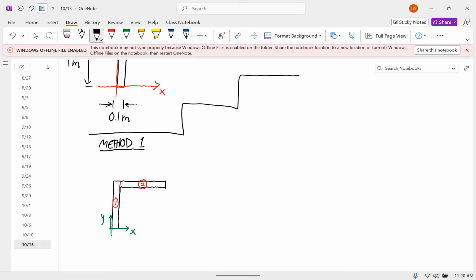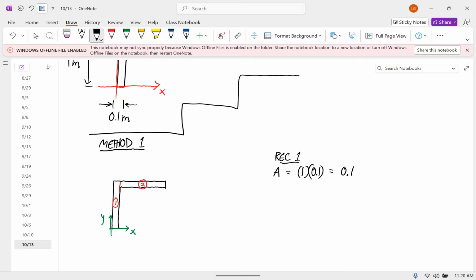So for rectangle 1, the area of that rectangle is, it's a length of 1 meter, a height of 1 meter, a base of 0.1. So the area is 0.1.